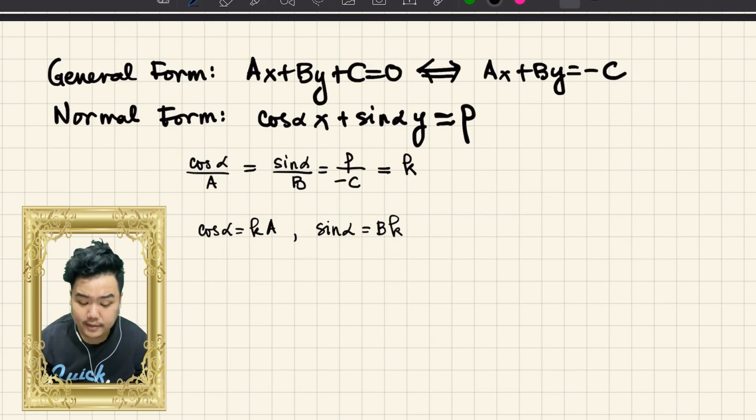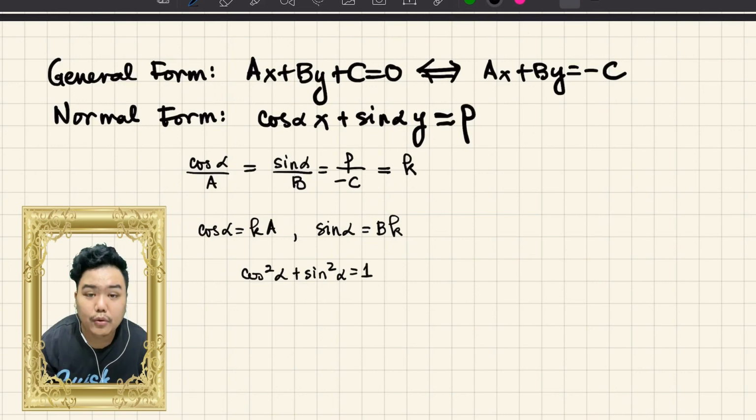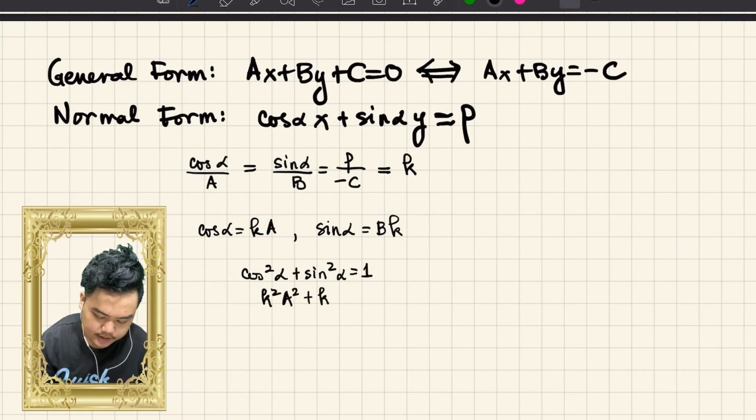Okay. Pero meron tayong identity sa trig na cosine square alpha plus sine square alpha equal to 1. Substitute natin ito. We get k square a square plus k square b square equal to 1.